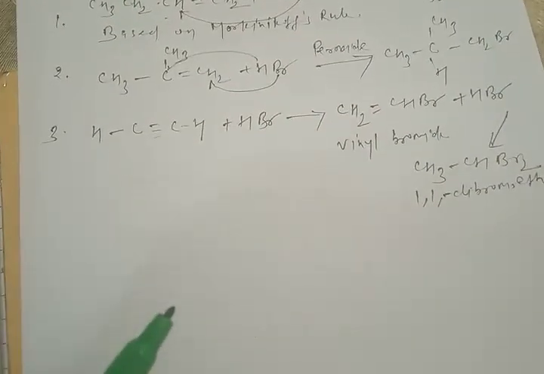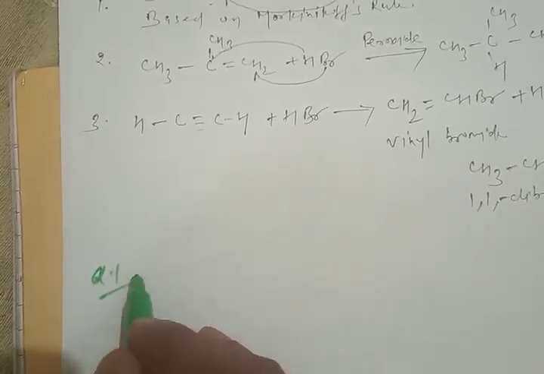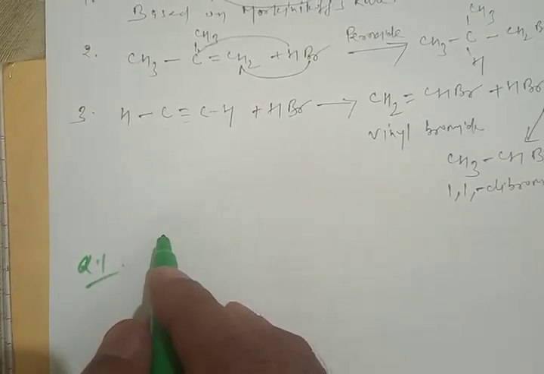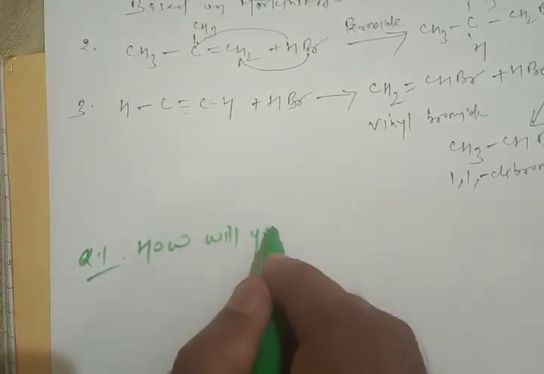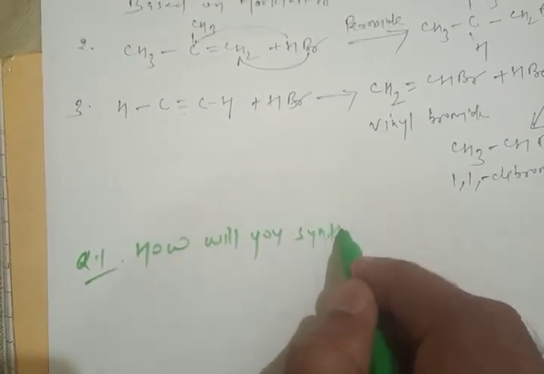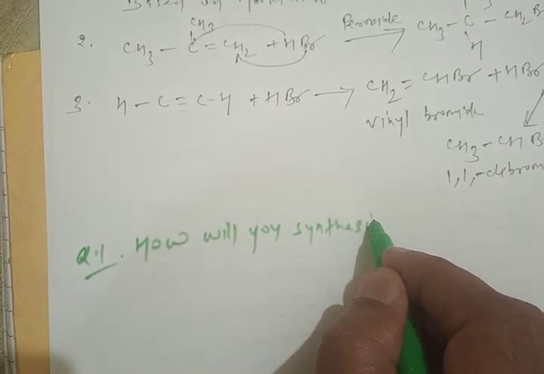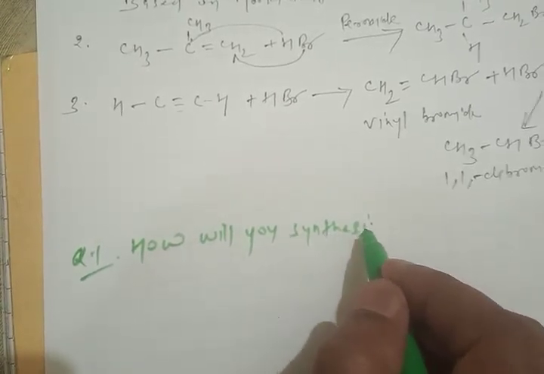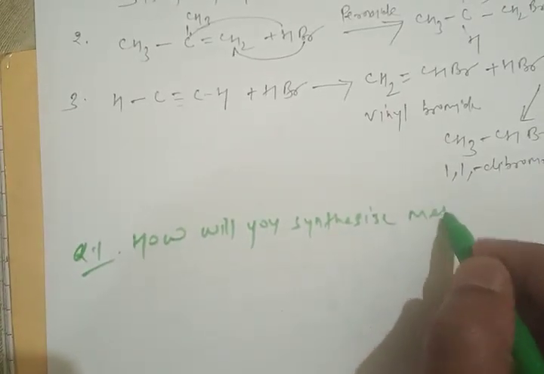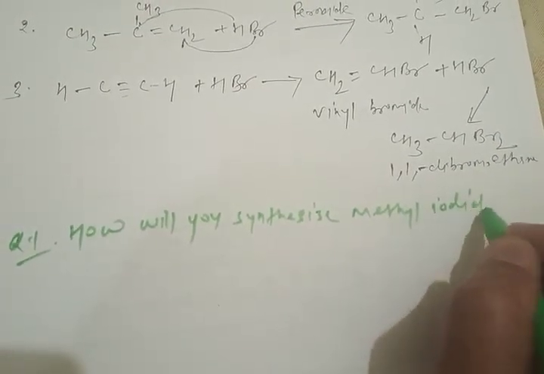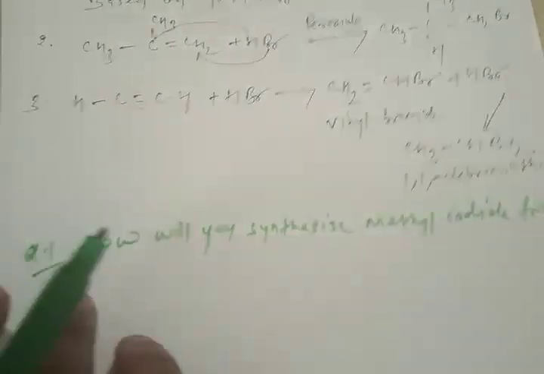So I think this is enough for this lecture, and with this the first lecture is complete, and I am leaving you with a question. This is the question for this lecture, and I hope you are able to solve this problem. So the question is, how will you synthesize methyl iodide from methane?